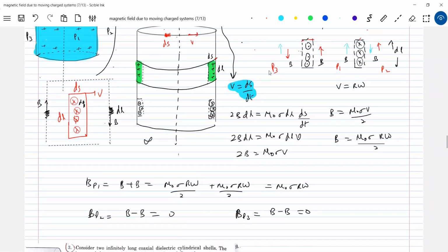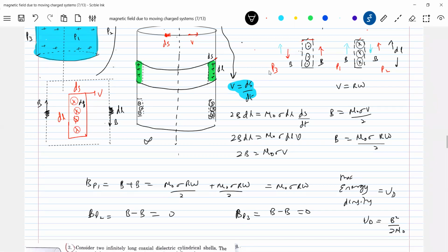After this, how much is the energy density per unit volume? What is the formula for energy density? Energy density U_D is equal to, similar to that, B square by 2 mu naught.